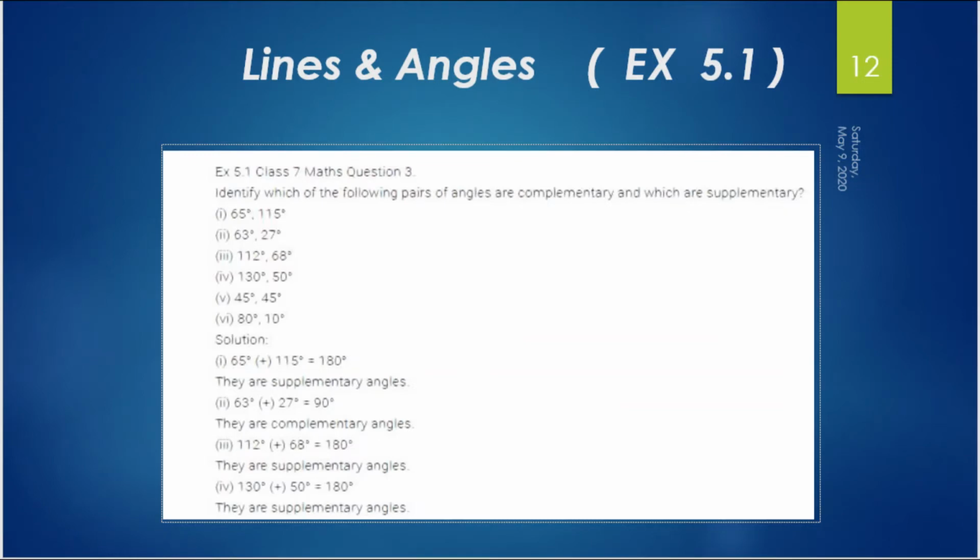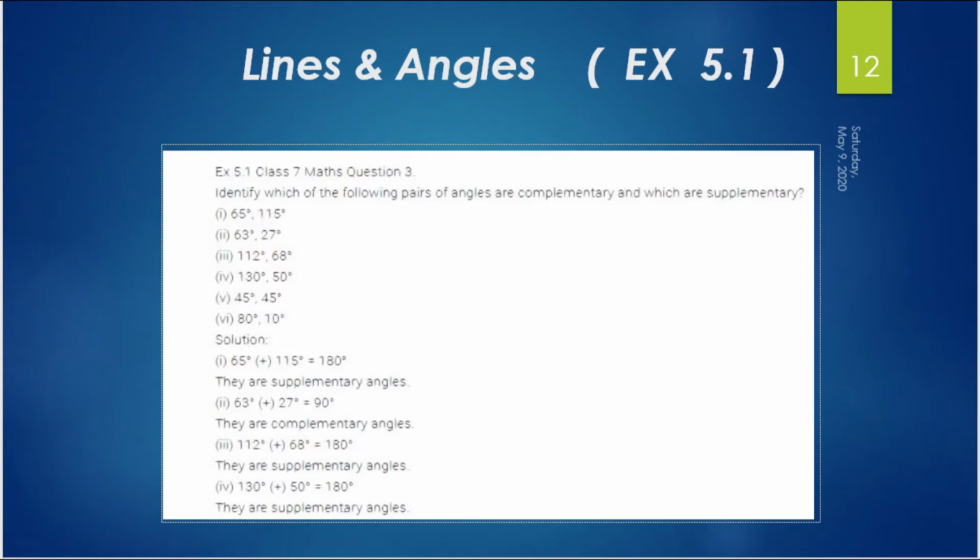Moving to question number 3: identify which of the following pairs of angles are complementary and which are supplementary. We have been given a pair of angles like 65 plus 115 equals 180. If you add up and your answer comes out to be 180, then they are supplementary.